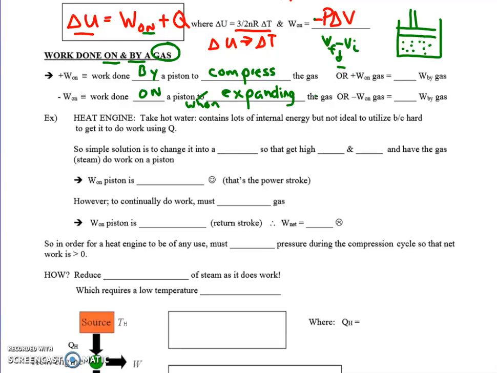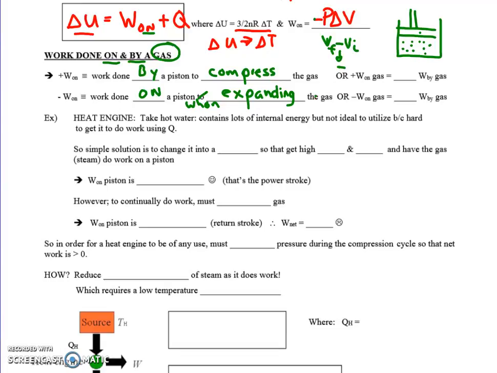the gas. Okay. So in other words, if we take our piston up here and the gas is expanding, we're doing work on the piston, work done by the gas, and so we're going to get a positive change in volume. A positive change in volume when multiplied by a negative value gives us negative work on. Okay.